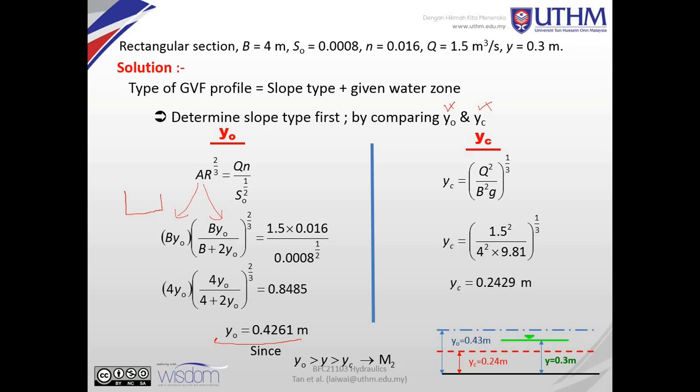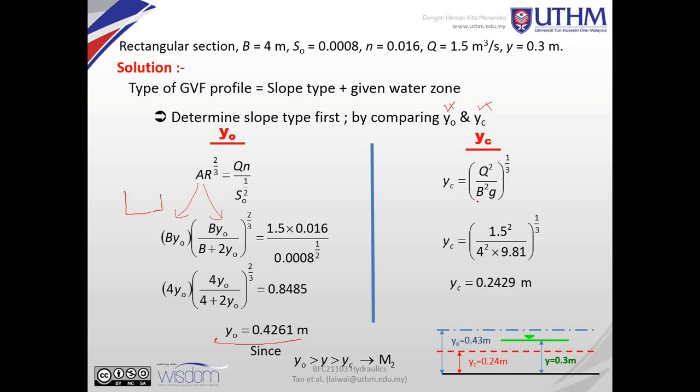And next we need to calculate the yc value. Because again we are considering the rectangular shape, we use the simple formula for rectangular. yc equal to cube root of capital Q squared divided by capital B squared times g.